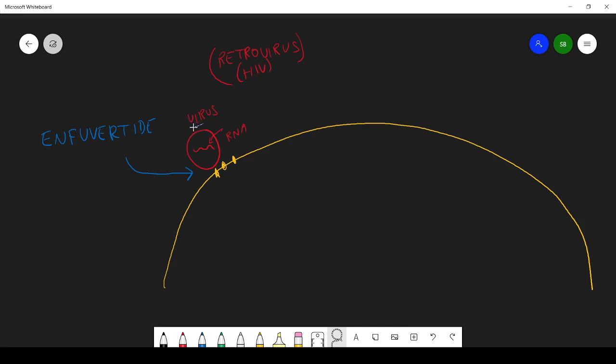Then the virus enters into the cell through endocytosis. Let's assume it's actually got past the enfuvirtide. So here it's now inside the cell, the coat is dissolved, and we've now got our RNA here.